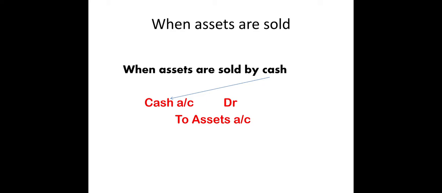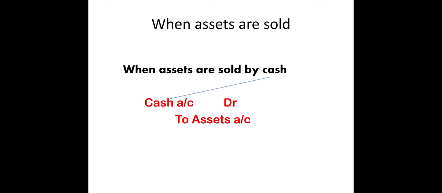Assets means whatever. Suppose I sell furniture, then I have to write furniture goes out. But here, instead of writing the name of the asset, I am writing only assets, because right now we don't know which asset. So when you sell assets, cash comes in and assets goes out. So cash account will be debited and assets account will be credited.